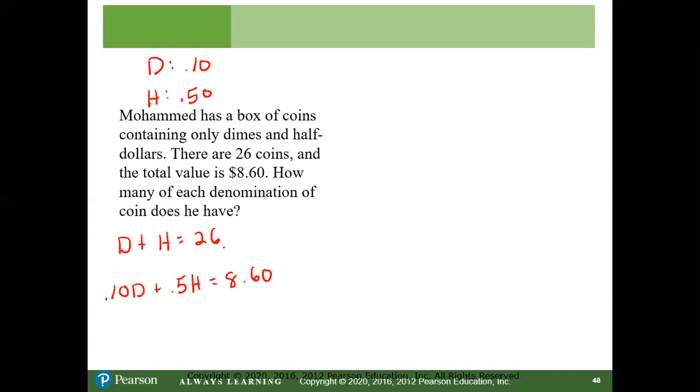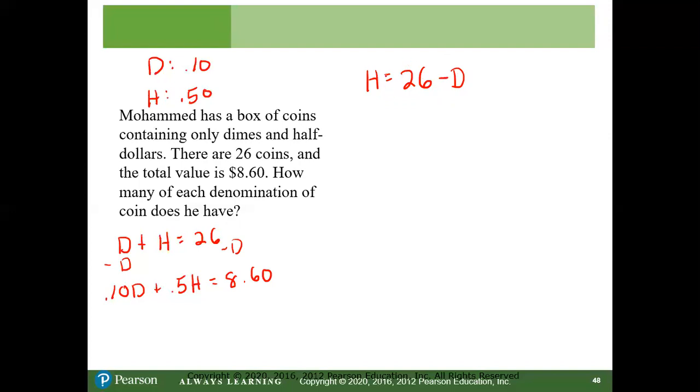So what we can do here is sort of do what we did before, which is use substitution. So I can subtract D from both sides to get H by itself, and you can subtract H from both sides, it doesn't really matter. And that's going to give you H is equal to the 26 coins that you have minus the number of dimes that you have in this box.